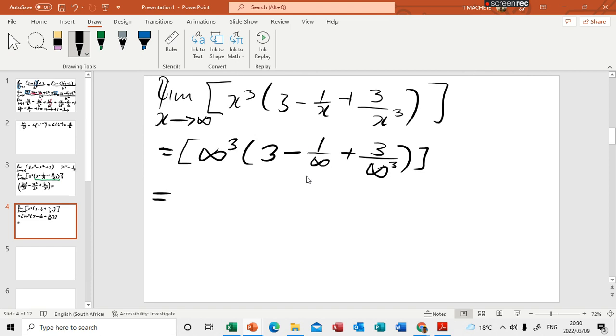That's why here everything is going to be 0. You'll have your infinity into 3 minus 0 plus 0.